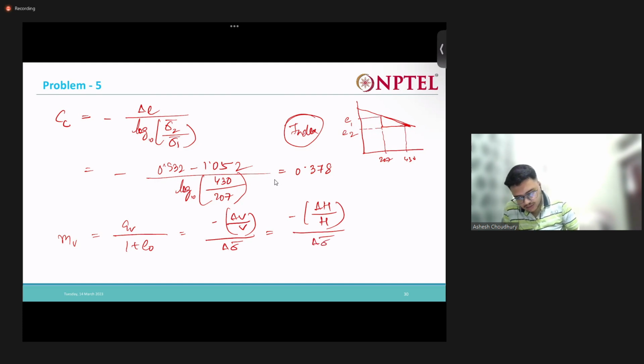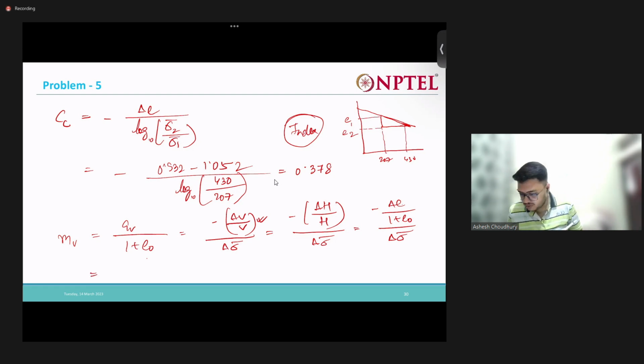You can write now delta h by h, you can write this like this. Now what is delta e by delta sigma, the change in stress? It is nothing but av. So finally we get av by 1 plus e naught. That's why we relate this as the change in volume per unit volume with respect to change in effective stress. That's why it's known as coefficient of volume compressibility.